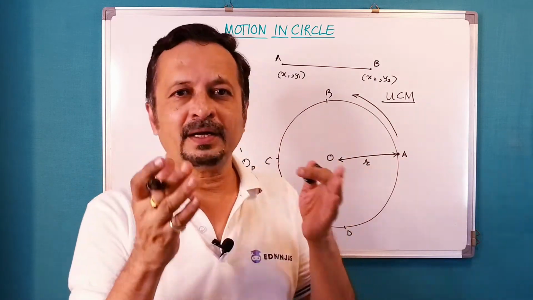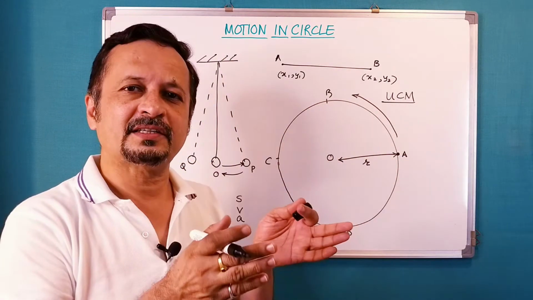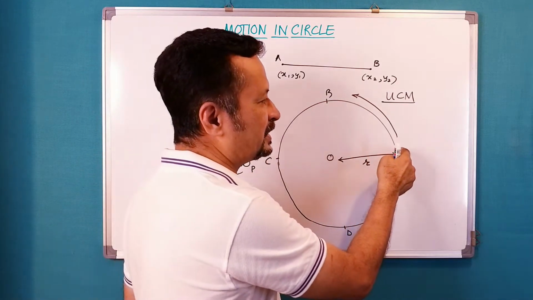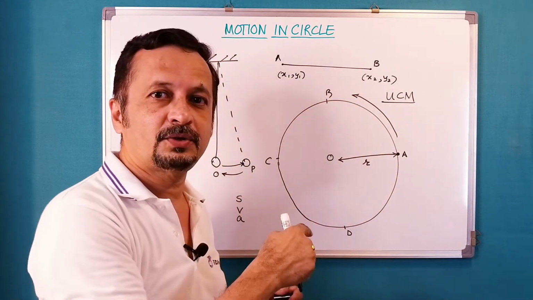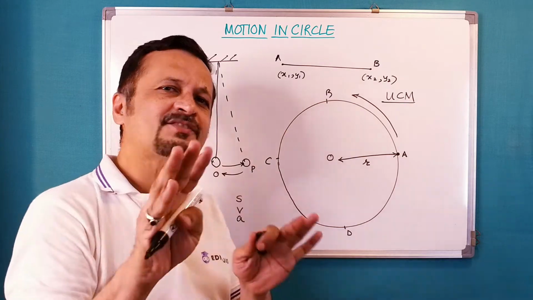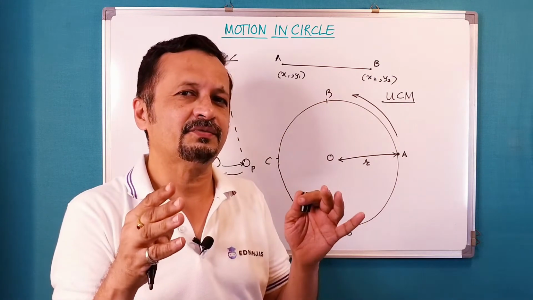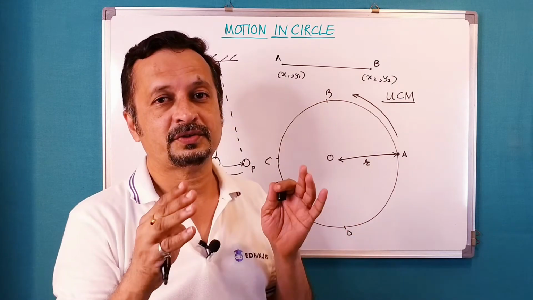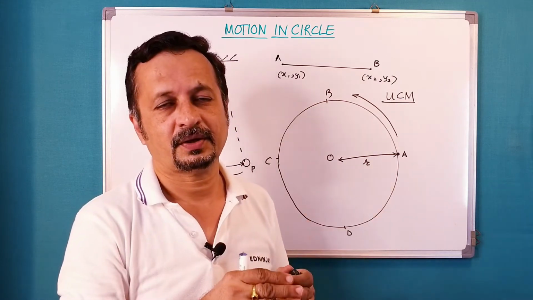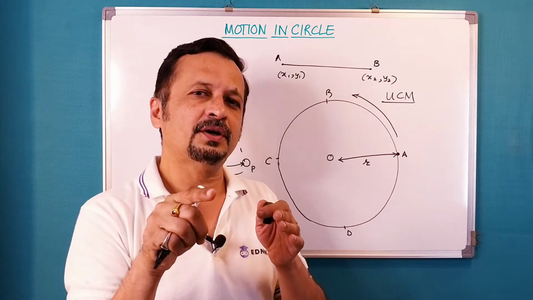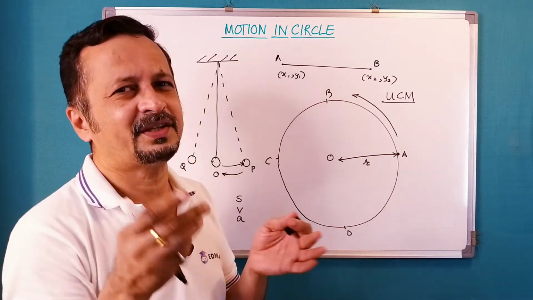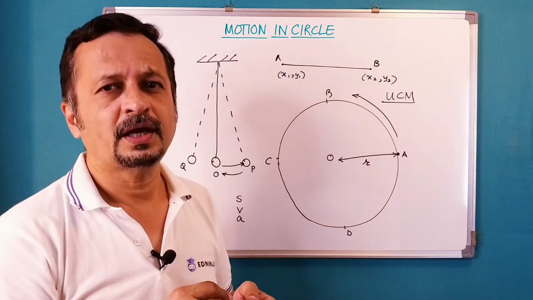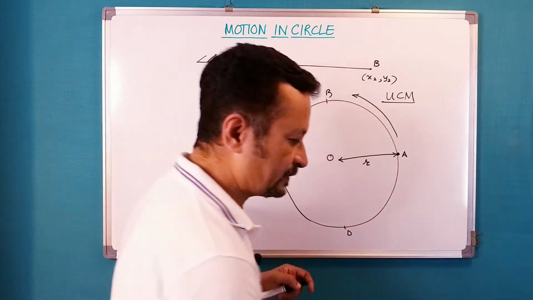My circular motion is translational motion because my particle is changing its coordinates during the course of motion. But this translational motion occurs along the circumference of a circle of a certain radius, and so it is circular motion. So we have to define something over here. Let us see what all we have to define.